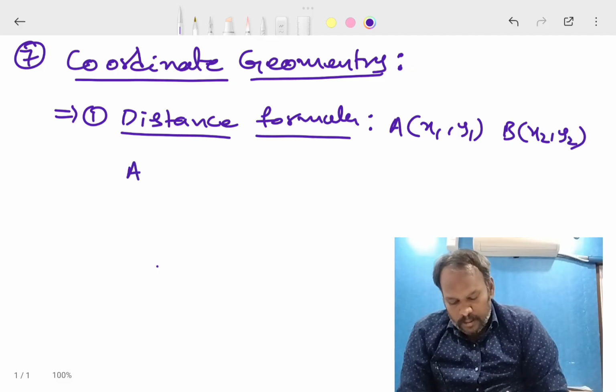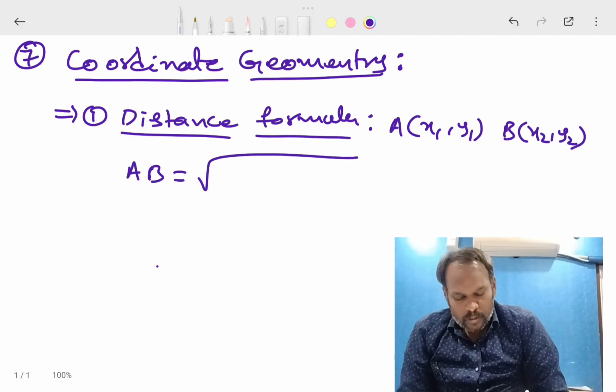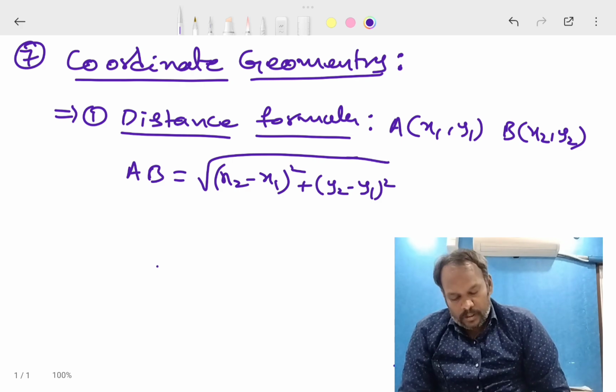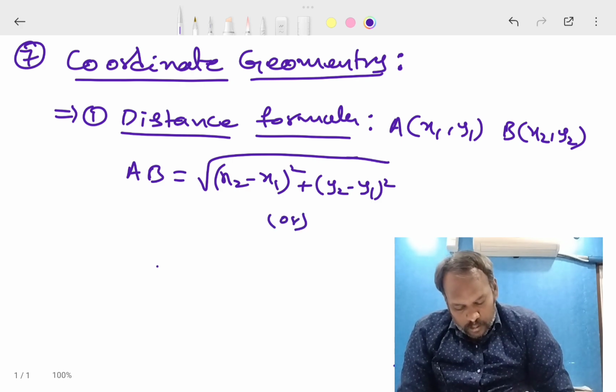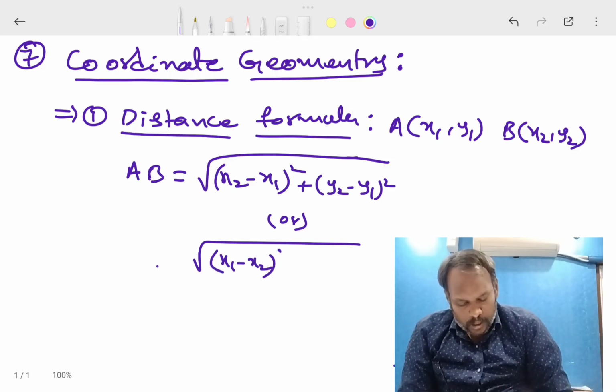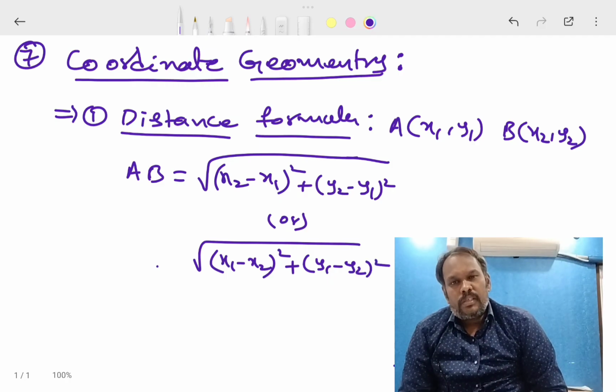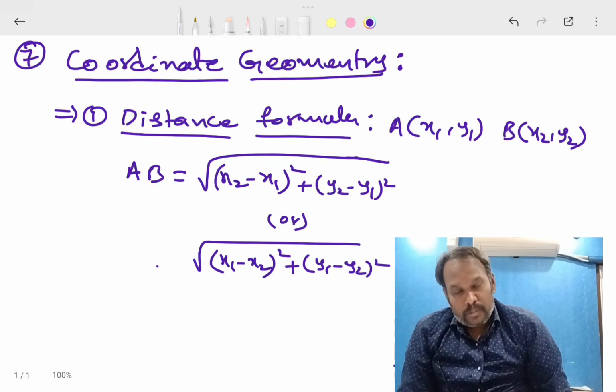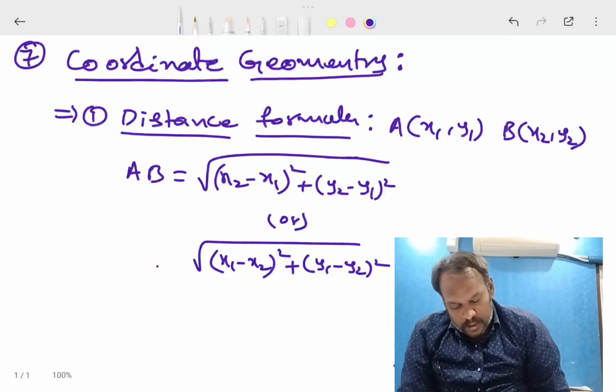Then the distance AB we call as root of (x2 minus x1) whole square plus (y2 minus y1) whole square, or we can also write root of (x1 minus x2) whole square plus (y1 minus y2) whole square. Since it is a square, (x1 minus x2) whole square equals (x2 minus x1) whole square, both are the same. This is the distance formula.